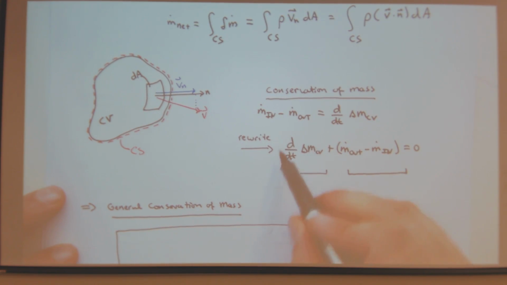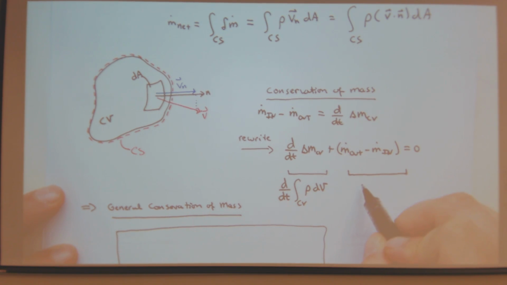And this part here is my d dt of the integral over the CV of rho dV. And this part here is my integral over my control surface of rho V dot n dA.